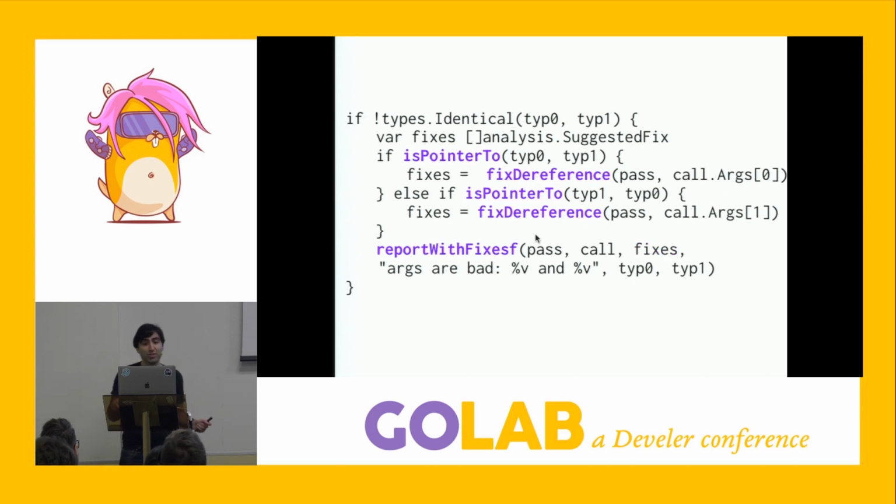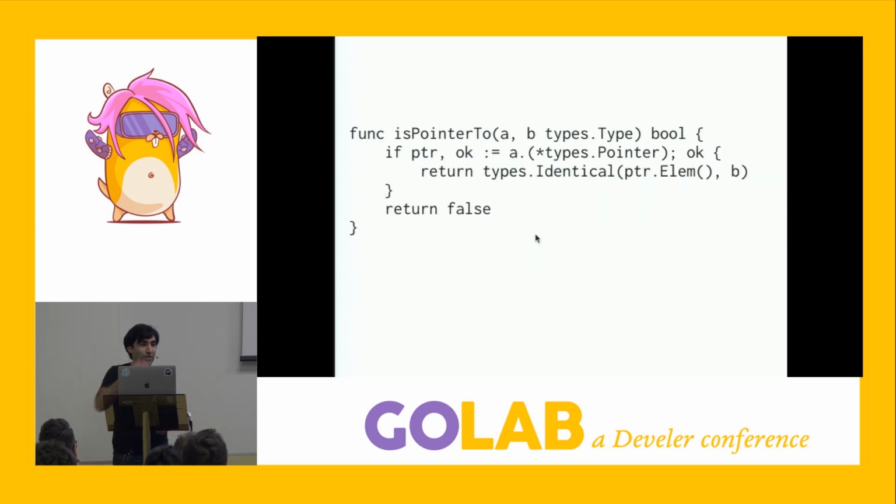Okay, so this introduced 3 functions: isPointer2, fix dereference, and report with fixesf. So let's look at the implementations for each of those in turn, starting with isPointer2. So what this is going to do is first let's see if the first type is even a pointer.